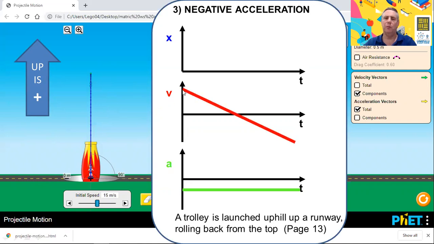Velocity starts from a large upward value, gets to 0 at the top, and then gets to a large negative value. That value at the end must be exactly the same magnitude as at the beginning. And then the position time graph is simply an upside down parabola. Please note that at the highest point, the velocity is actually 0. So this is not the highest point. Highest point is when the velocity is 0.